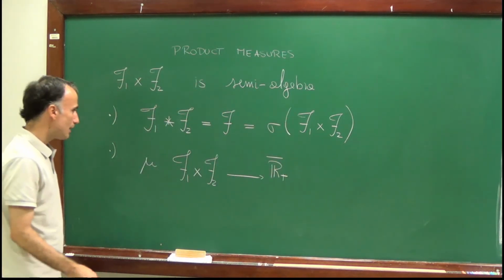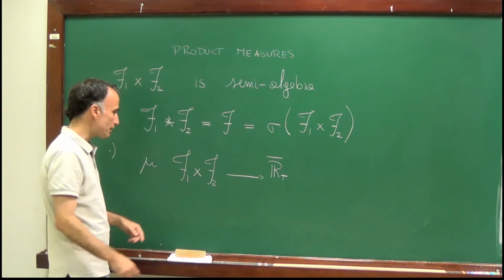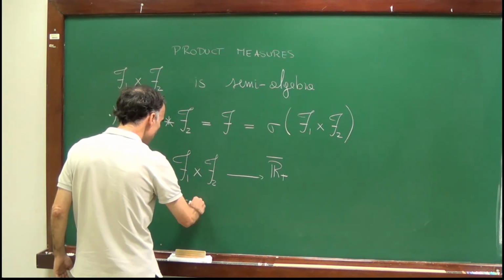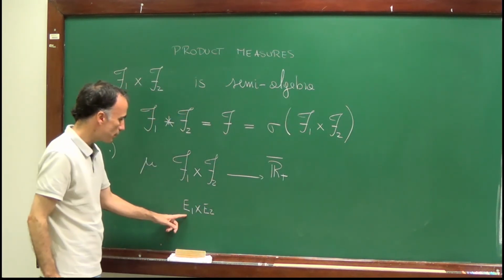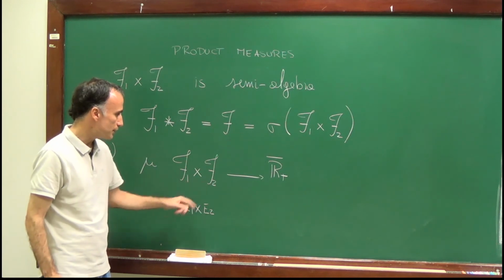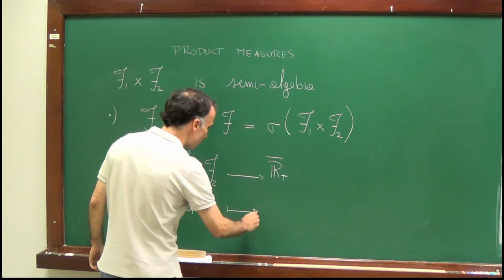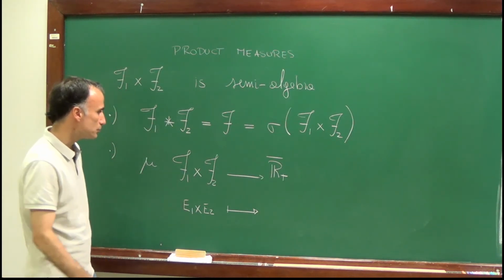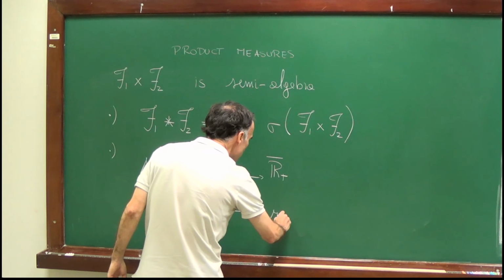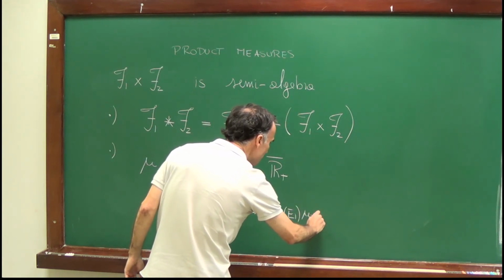And, well, as I said, take a set which is a rectangle. So this set will be written as E1 times E2, where E1 belongs to F1 and E2 belongs to F2. So what is the natural definition of mu of E1 times E2? Well, it will be mu1 of E1 times mu2 of E2.